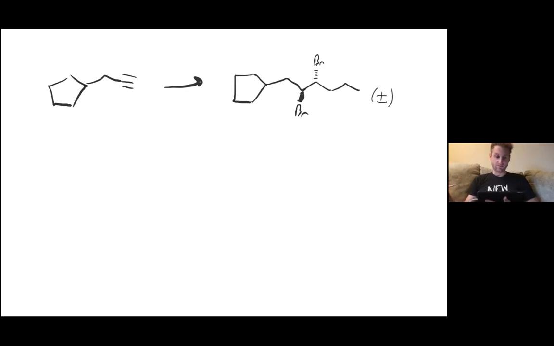My advice is try to build out the skeleton first and then try to figure out how to brominate. I'm going to give you guys till about, let's take 4 minutes, so 9:38, and then I'll check back in.